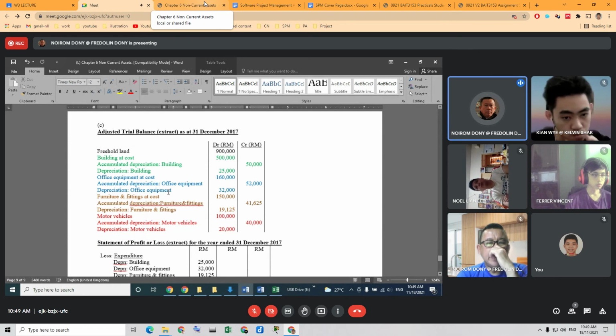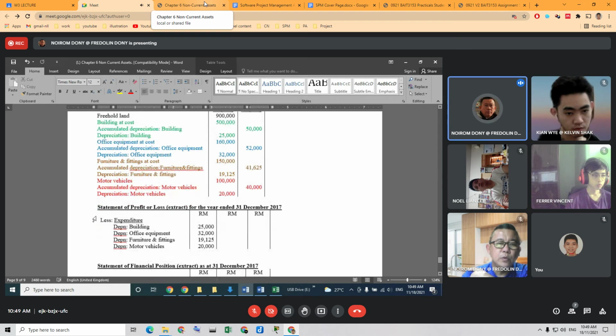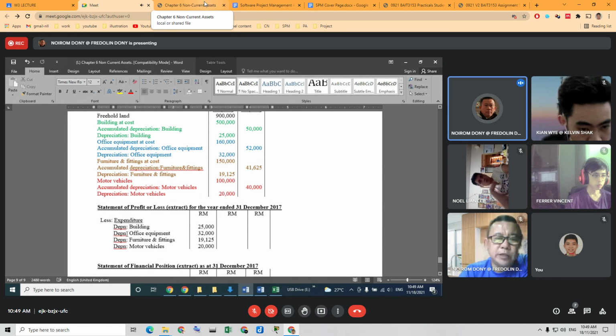Now, we were asked to do the statement of profit or loss extract. We don't show the full version of the statement of profit or loss, but only show the part related to depreciation. So we only have fewer expenses here. Then you list down all the depreciation. We have 4 assets that are being depreciated: building, office equipment.